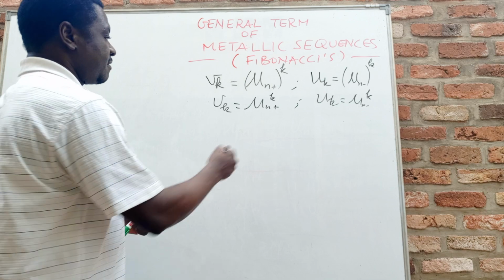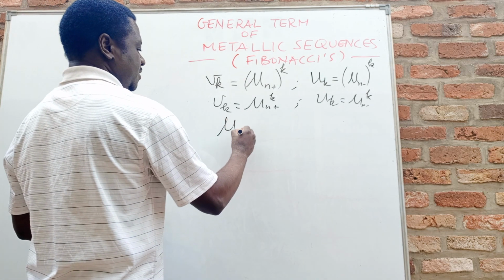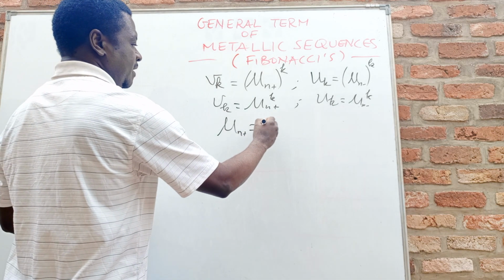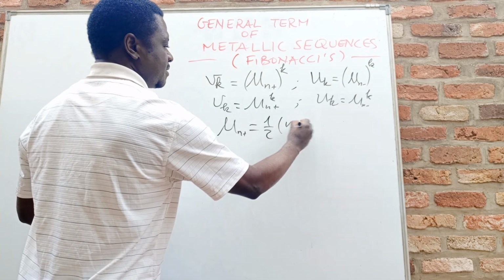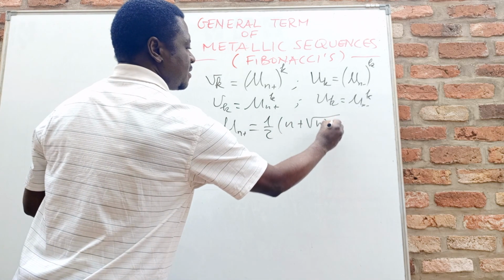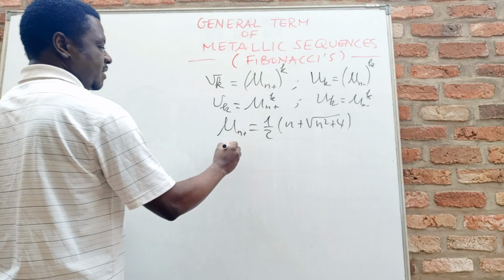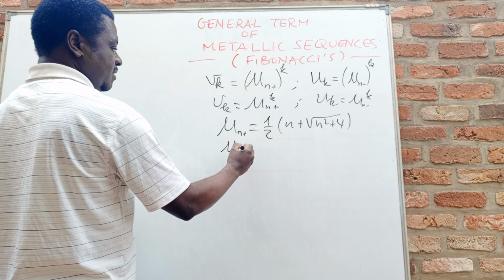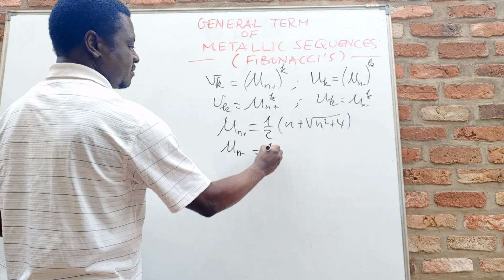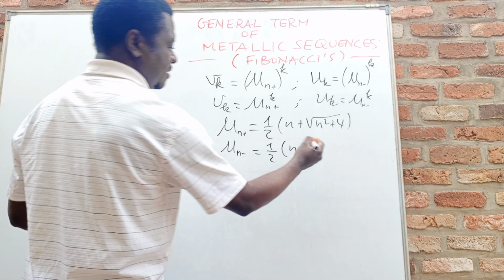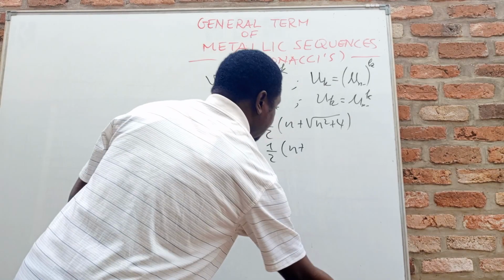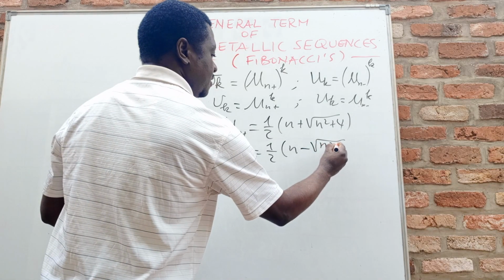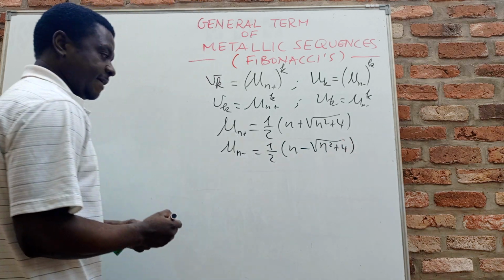In each case, we have a metallic ratio mu n plus, which is half of n plus square root of n square plus 4. Its conjugate is a difference, a negative number, mu n minus equal to half of n minus the square root of n square plus 4.